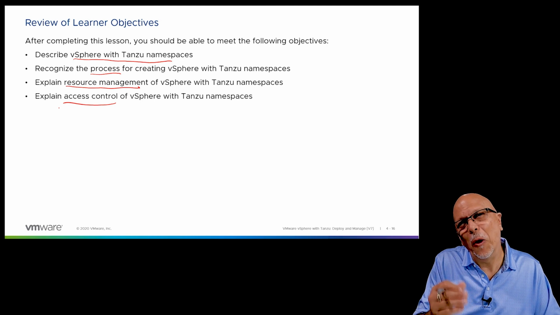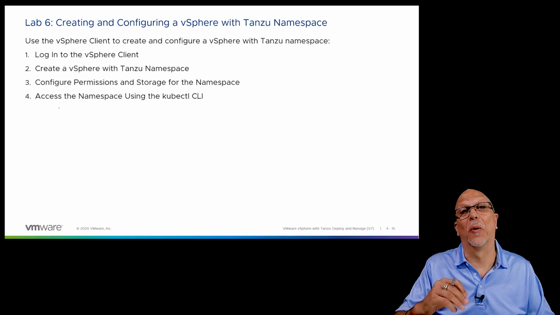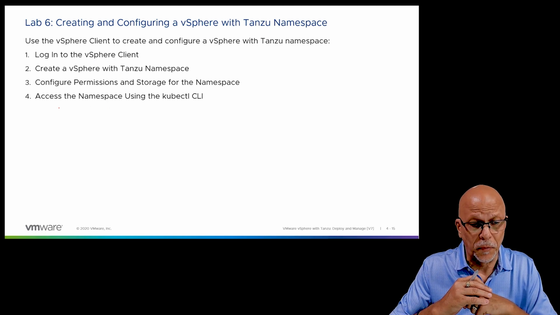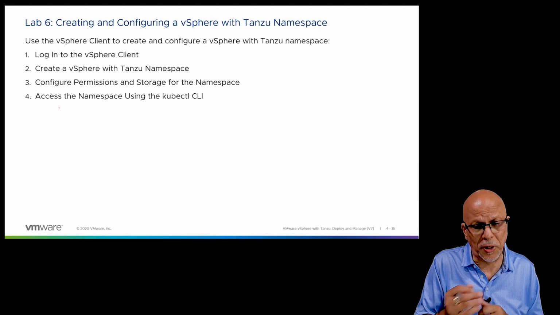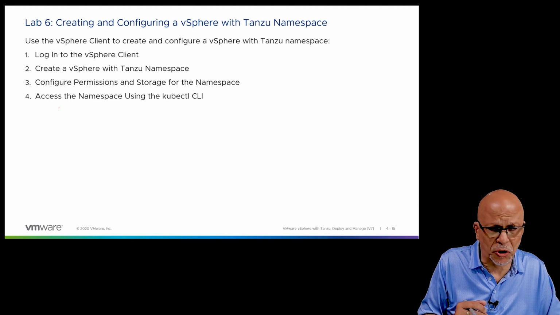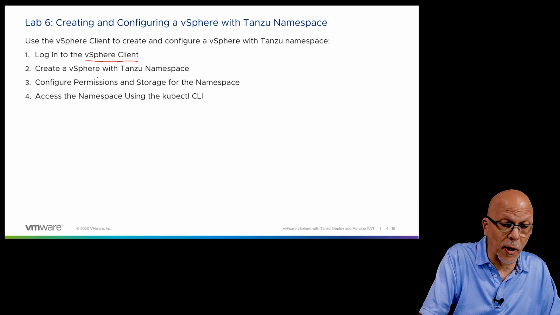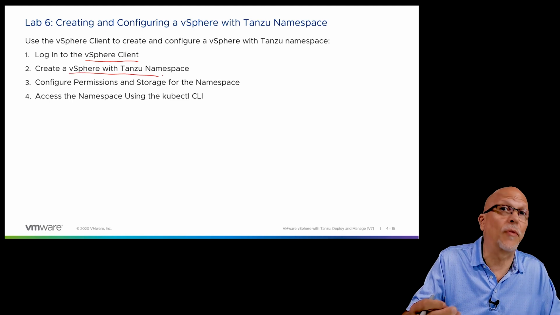To help you further absorb that, we're going to jump into our next lab, which is creating the namespace. There are really no tricks or gotchas in this one. It's a pretty straightforward set of instructions. You're going to access the vSphere client and navigate to the appropriate steps to create the namespace.